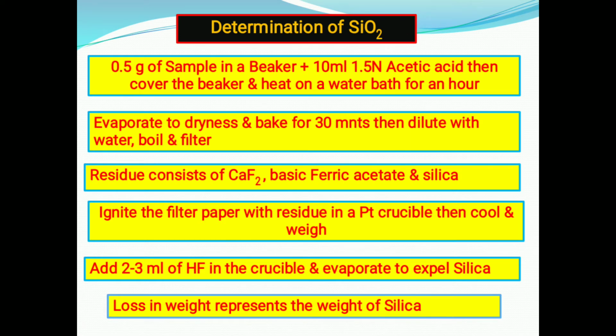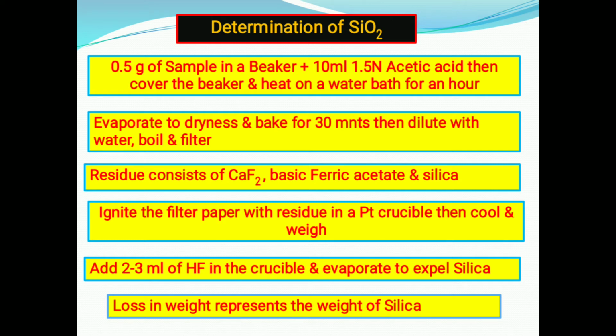As you know very well, if you want to analyze silica, we can use the gravimetric method. For the determination of silica, take 0.5 gram of sample in a beaker. To that, add 10 ml of 1.5 normal acetic acid solution.